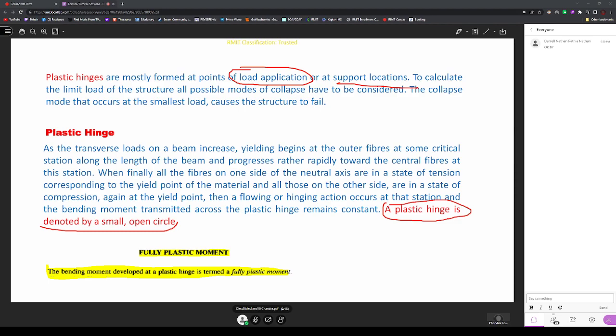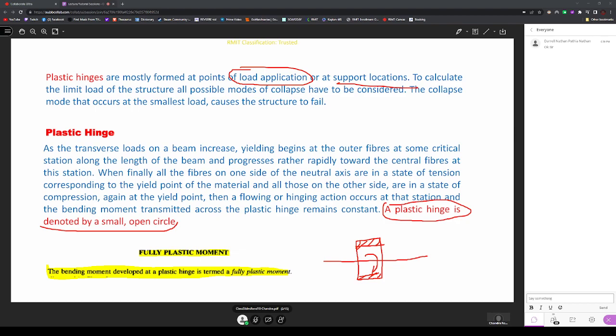So in the last session, we have seen that if there is a structure like this, a cross section, when this is subjected to bending moment, the yielding starts from the top of the fiber and at the bottom of the fiber. So this is where the yielding starts, and part of the beam becomes plastic and part of the beam becomes elastic, right?